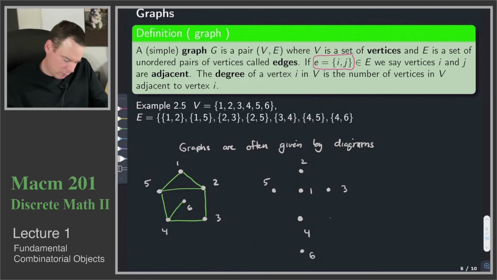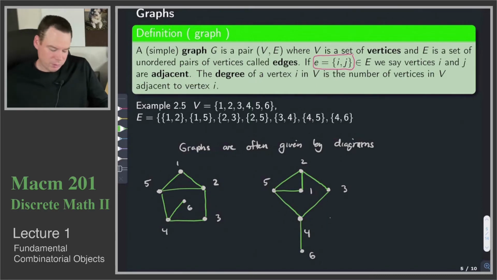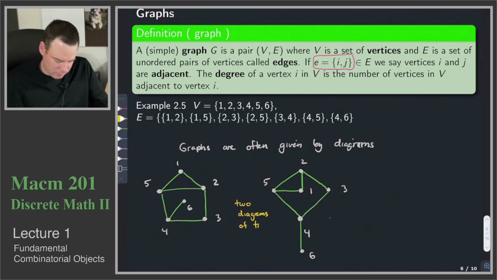So there's our vertices laid out, and we've got, again, 1 connects to 2, 1 connects to 5, 2 connects to 3, 2 connects to 5, 3 to 4, 4 to 5, and 4 to 6. So there's another diagram of the same graph. So these are two diagrams of the same graph.